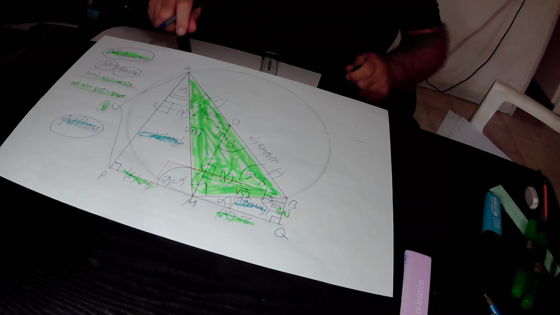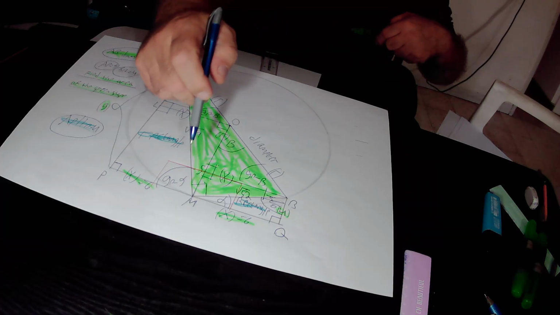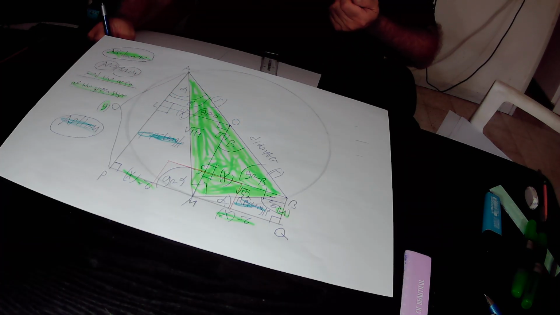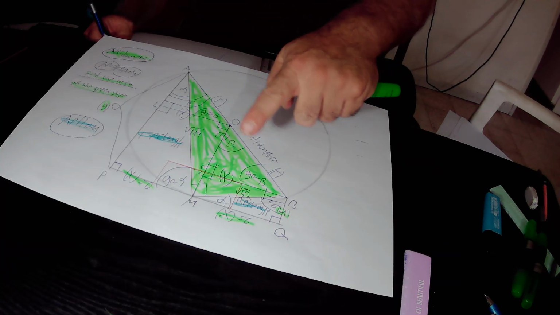So the area of this green right triangle will be equal to the base MB times the height AM over 2.